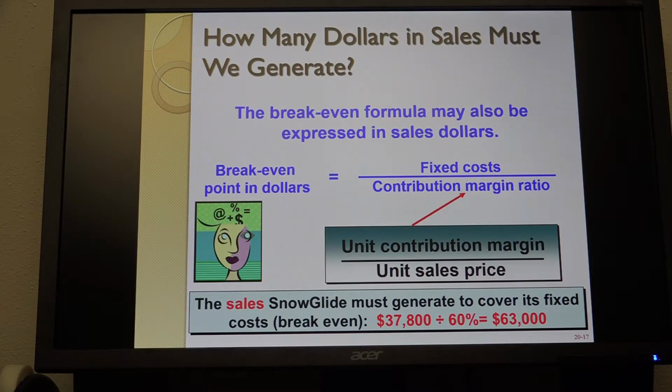Well, got a new thing here. To figure out the contribution margin ratio, you take the unit contribution margin, which in our example was what? $2, and you divide that into unit sales price, right?